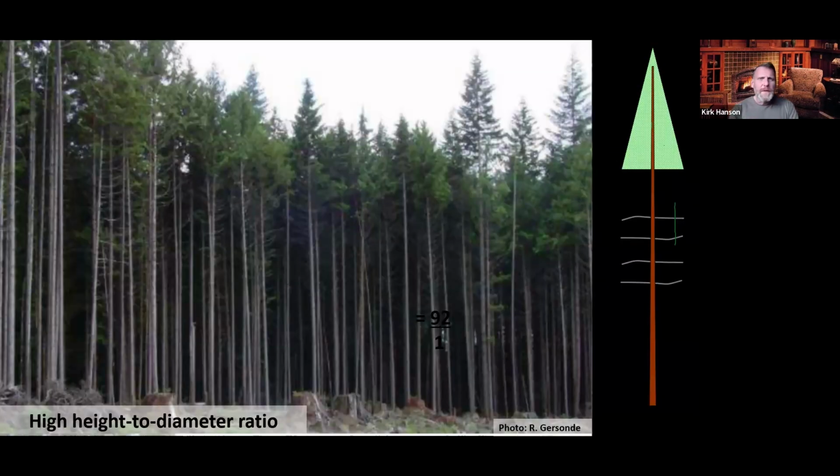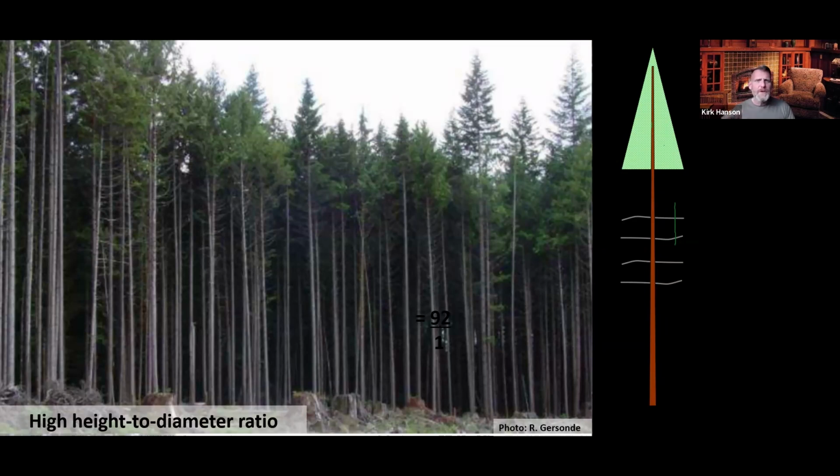So let's get into some of the observable biological clues for when a stand is overstocked. This particular stand might be arguably fully occupied, but again, this stand is extremely dense. The trees are really tall, they're skinny.